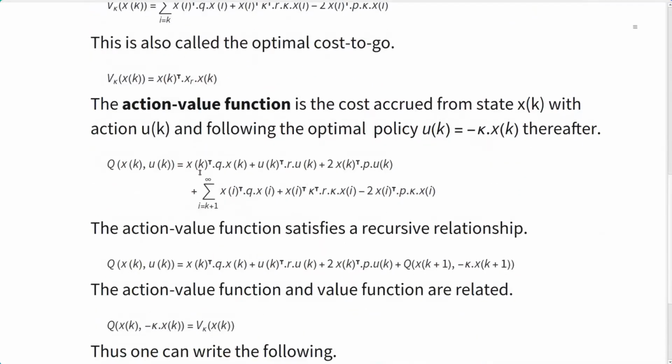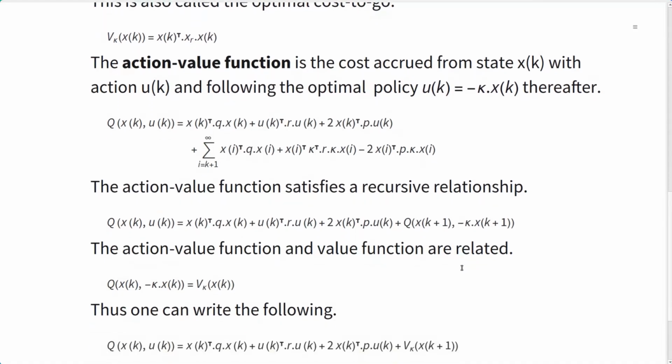If you look at this relationship, the Q function satisfies this recursive equation, because this infinite sum is actually the Q function starting from x_{k+1} with the control input -kappa x_{k+1}.